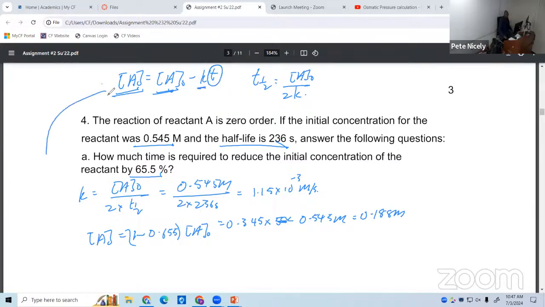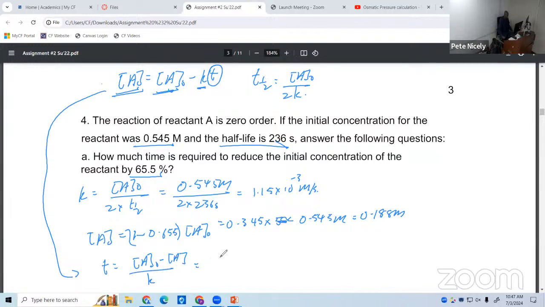So we have to do some rearrangement of this equation. Basically, t would be equal to the initial concentration of A minus the concentration of A at that time, divided by the k, which we calculated earlier.